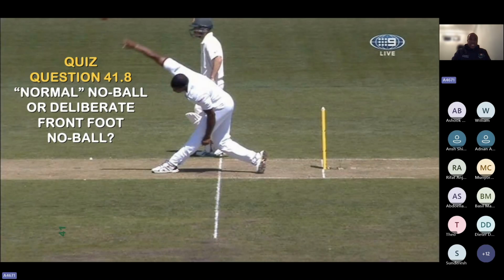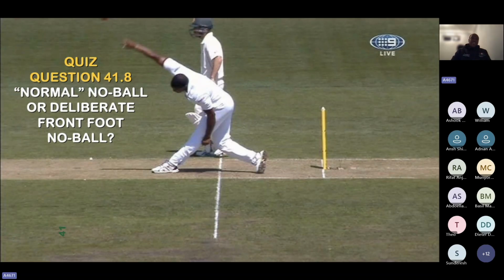And this was a test match between the West Indies and Australia, and test match bowlers would not be bowling no balls this big unintentionally. If this was a 16-year-old who doesn't know his or her run-up well and is still sort of going through growing pains, you could maybe excuse it, but at test match level, this far over has to be deliberate.